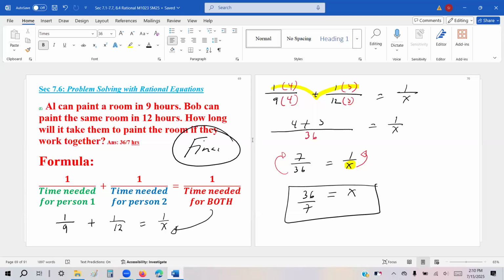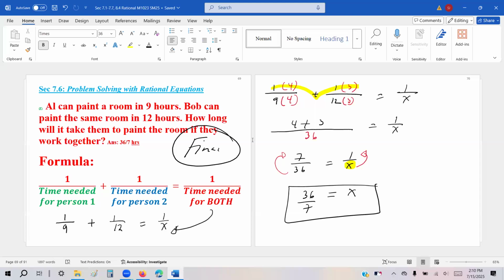So once you have your equation, all you have to do is keep 1 over x on one side and everything else on the other side, then add or subtract whatever you have, and then just flip it. That's it. So 3 things. The formula: in this formula, all the information will be given.